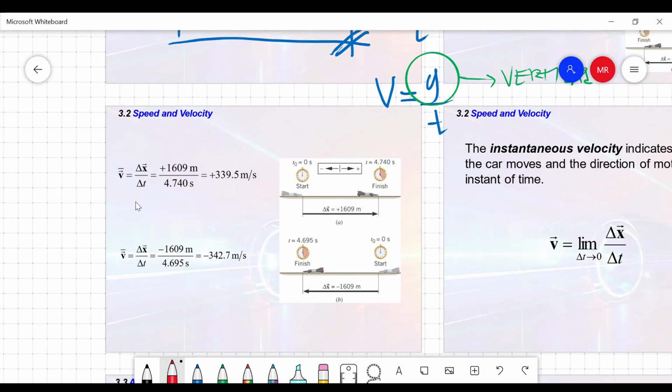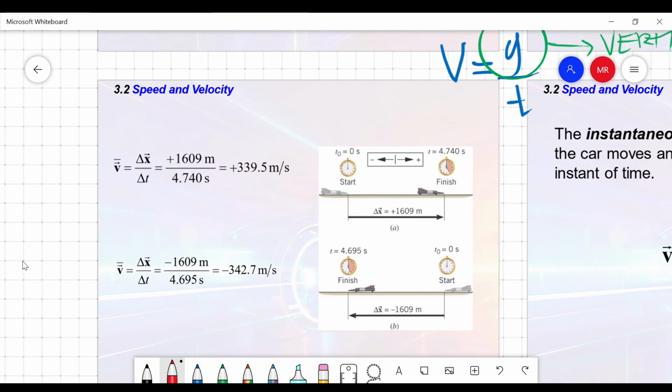So for each run, ito yung velocity going to the right. Ito naman yung going to the left. So the displacement is positive 1,609 meters divided by 4.74.